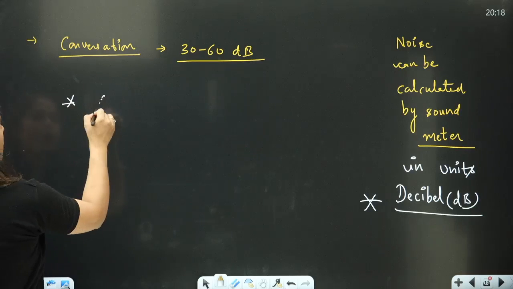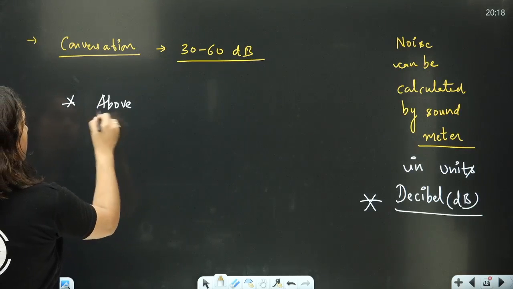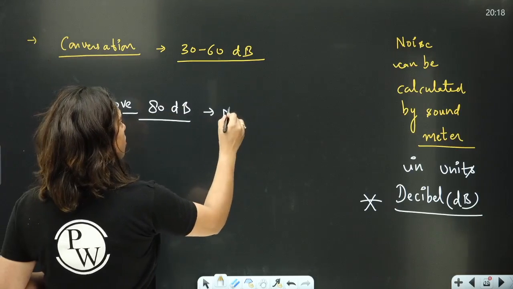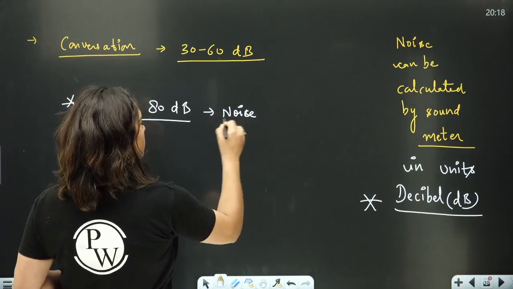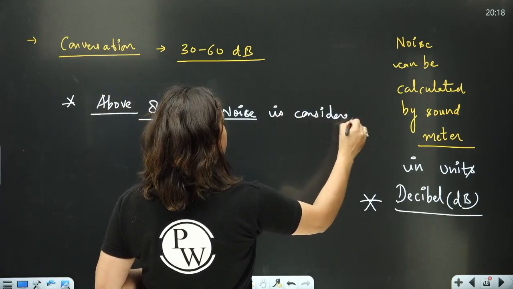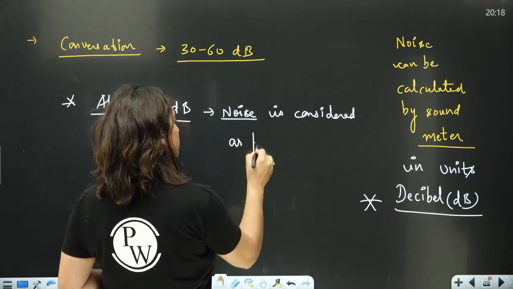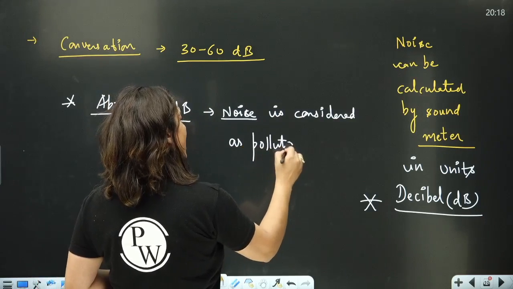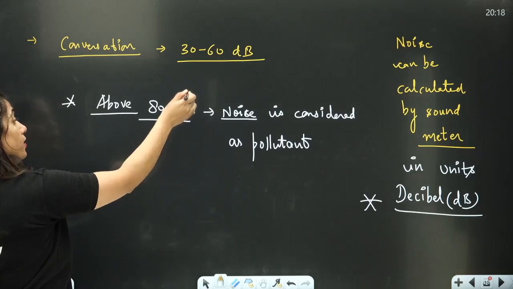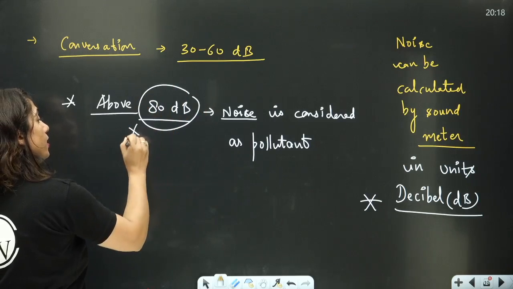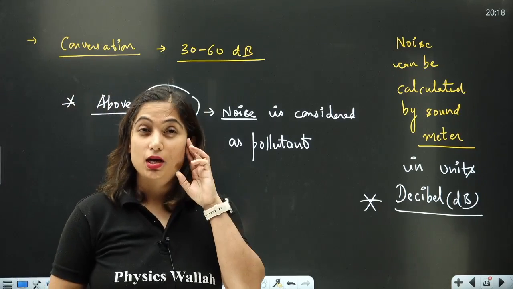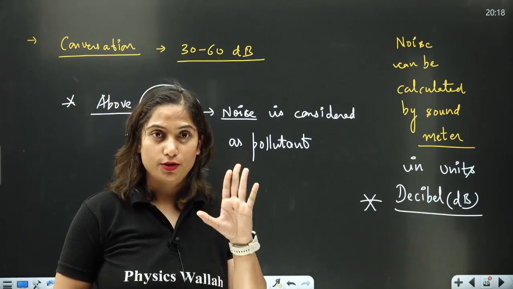But above 80 decibels, noise is considered a pollutant. If any noise has an intensity greater than 80 decibels, then it is considered an agent of noise pollution.